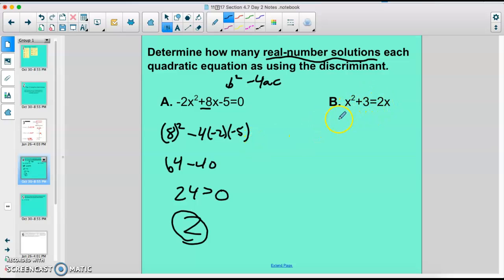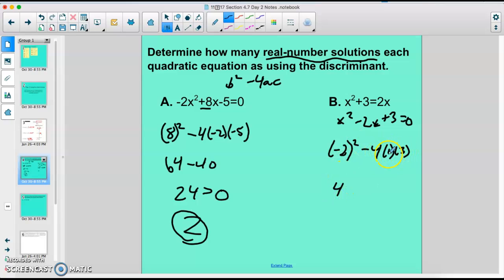All right, now this one. First we need to get everything on the same side, so x squared, we subtract 2x. And we get b squared, so negative 2 squared minus 4 times a is 1 and c is 3. Negative 2 squared is just positive 4.